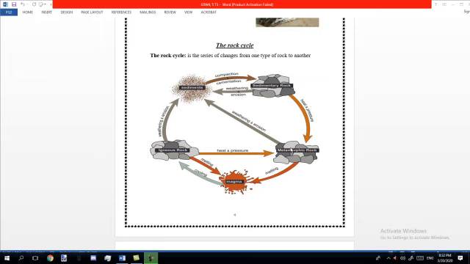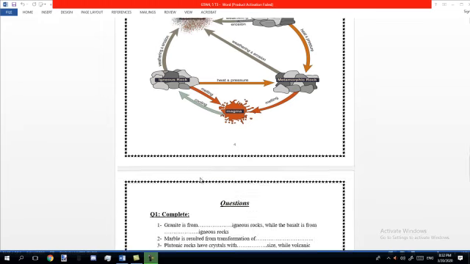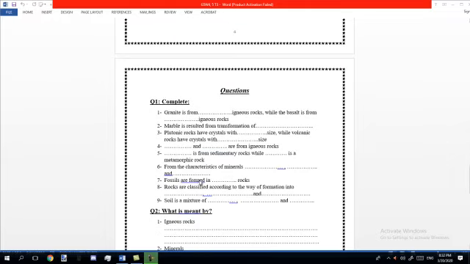Any metamorphic rock is formed by the action of heat and pressure, and any magma will be formed by melting any type of rock, and this magma after cooling will give you the igneous rocks. So these are the types of rocks and the rock cycle. Take care of it. And now we'll solve some questions.